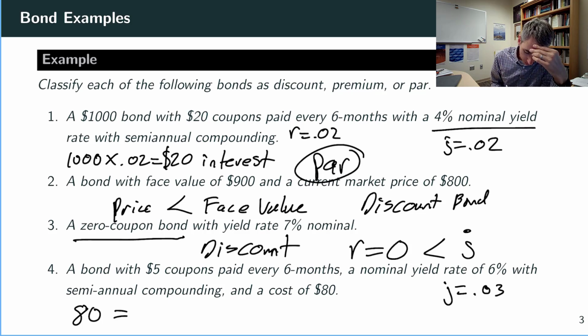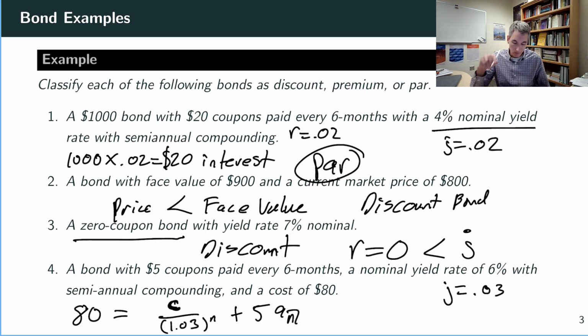The redemption value, which is not given, times the yield rate, 1.03 to the N, $5 coupons, and the annuity formula. Now, we're not really told the timeline either.